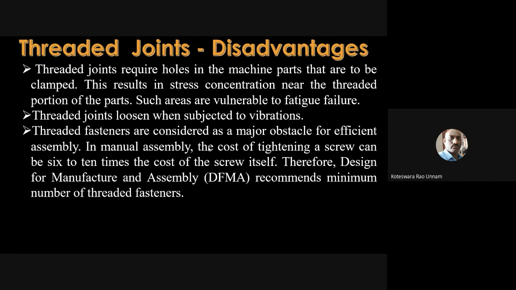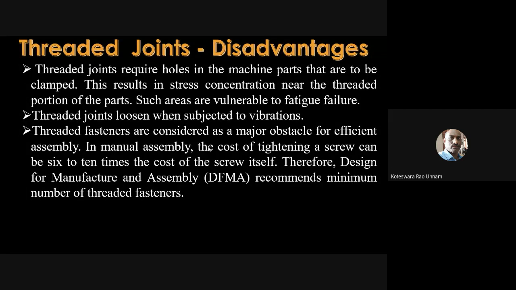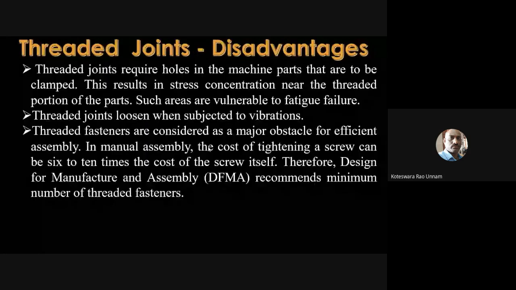If you go for more than one joint, it is going to be a costly affair, meaning the cost of the joint is more. So if the cost of the joint is more, that is another disadvantage of threaded joints.